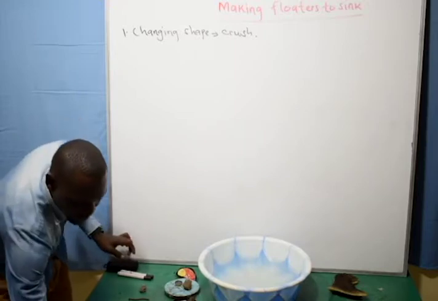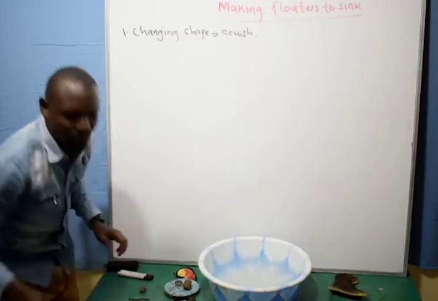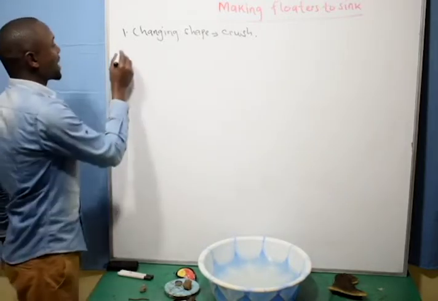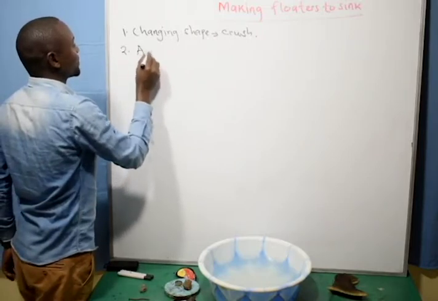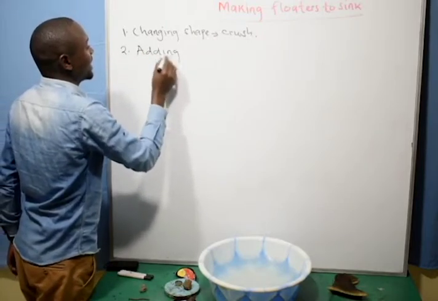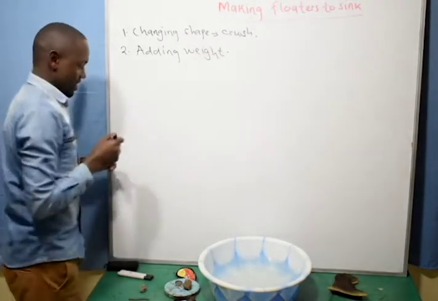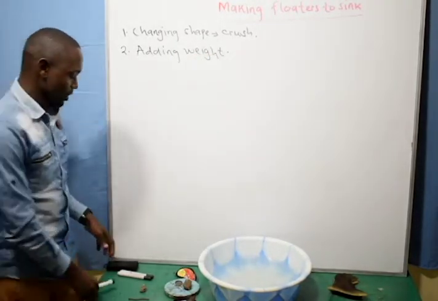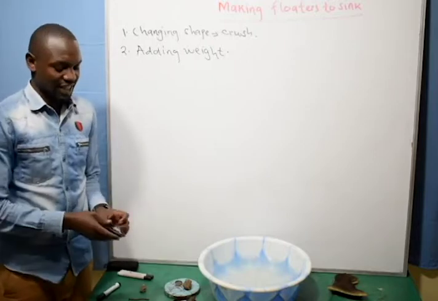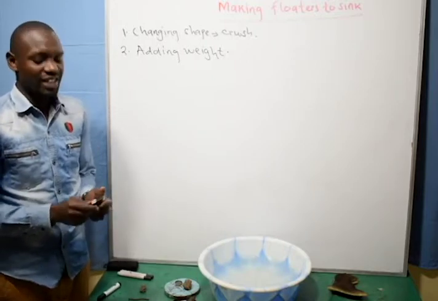Another way in which we can make floaters sink is by adding weight to the floaters. Floaters float because they are light.